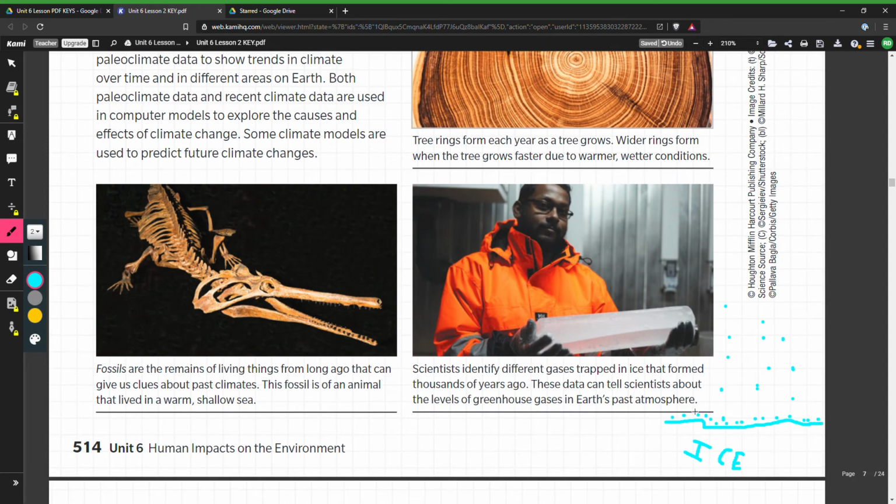Then the next year, there's more snow on top. And as more layers of snow pack up over the years, it packs itself into ice.